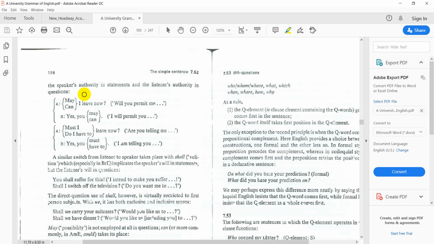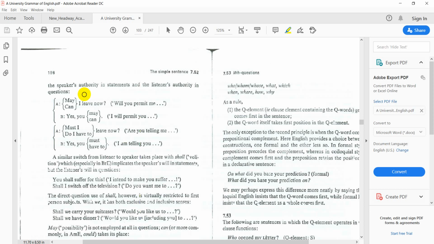That's why it is the listener's authority in asking a question, and the speaker will reply to that question either by saying yes or no. So it is the speaker's authority in a statement. So the speaker is not going to ask a question. It is the listener who is going to ask the question. That's why it says here it requires the speaker's authority in a statement, because the teacher will reply.